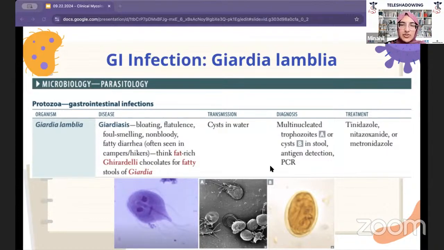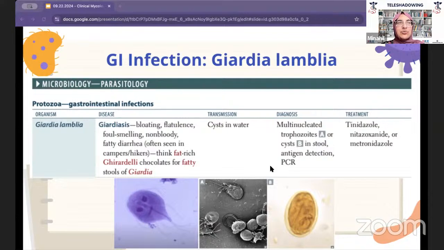It's commonly contracted through fecal-oral transmission, like drinking contaminated water, usually while hiking or camping. Sometimes you'll see cases about a patient who recently hiked or camped, and you can only know that by getting that history. You want to ask about any recent travel if you're suspecting this disease.